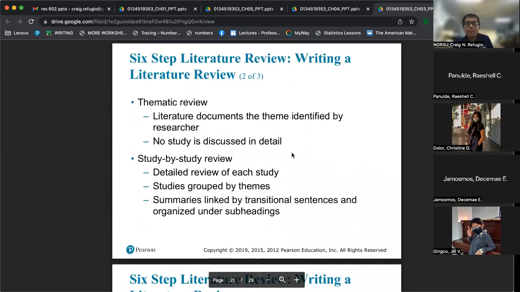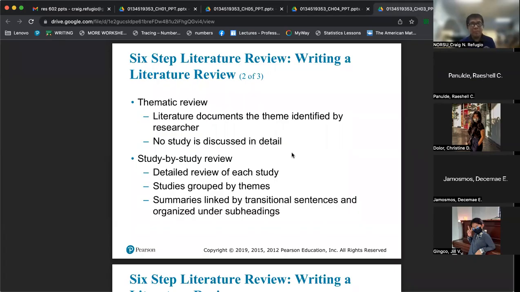So we have writing a literature review in a thematic approach. The literature documents the themes identified by the researcher. No study is discussed in detail. In contrast, a study by study review is a detailed review of each study. In the thematic approach, studies are grouped by themes, with summaries linked by transitional sentences and organized under subheadings.